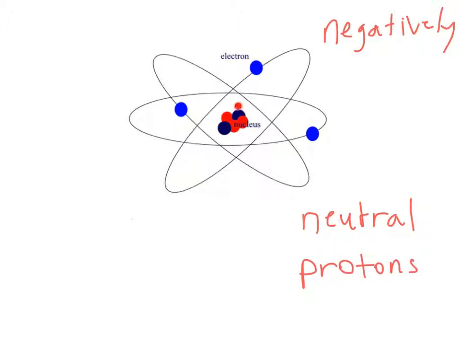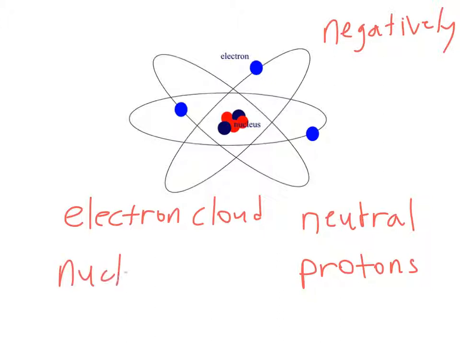And those protons are found here in the nucleus. The electrons are located in the electron cloud that surrounds the nucleus. And the nucleus is right here.